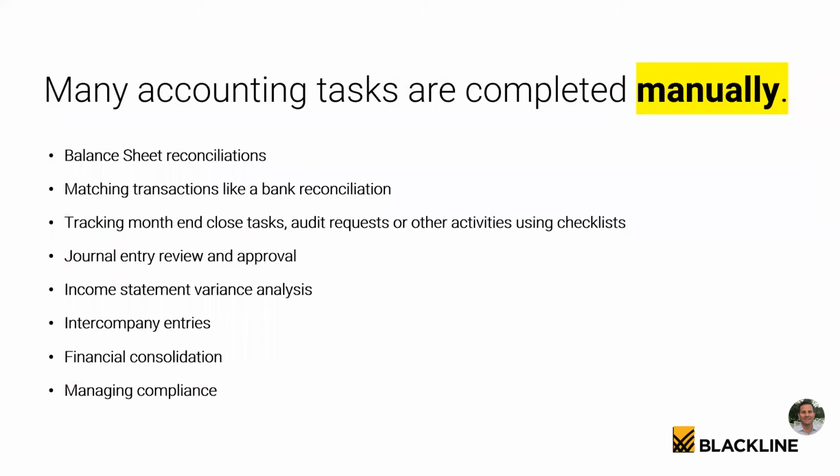So let's talk a bit about why accounting automation software is needed. For many accounting teams, most tasks are done manually in Excel today. And these are things like reconciling bank statements and balance sheet reconciliations, or creating accrual and amortization schedules. And Excel is a great tool and helps to complete these tasks. But even with all its great features, it still has limitations.